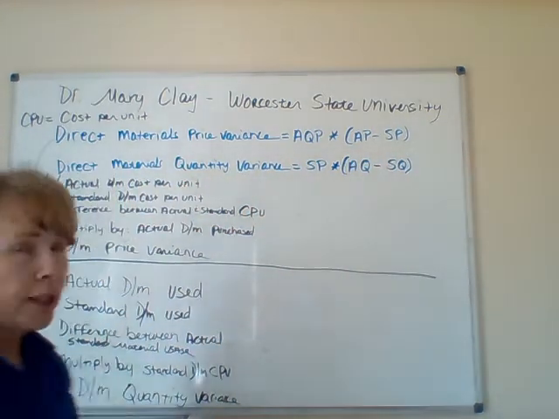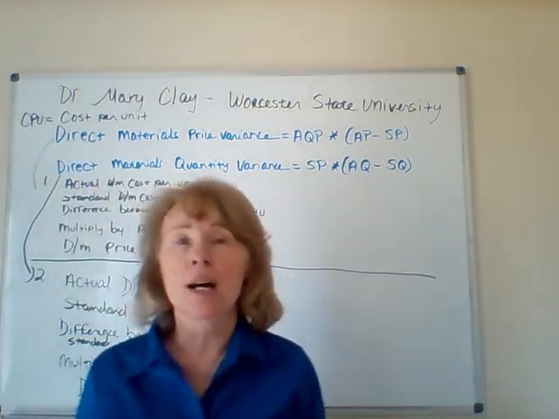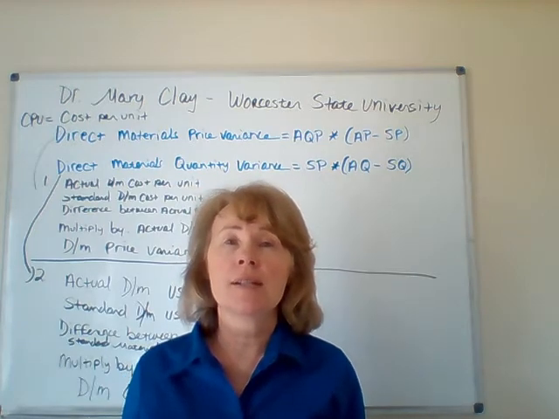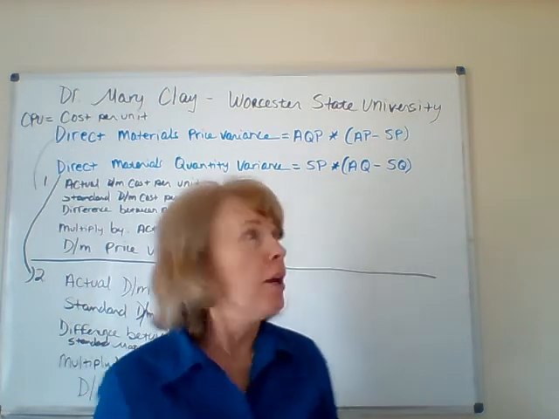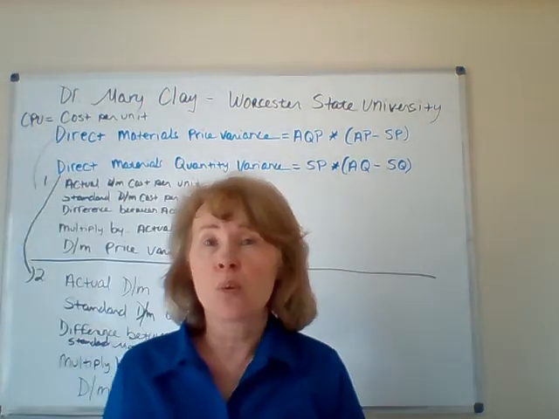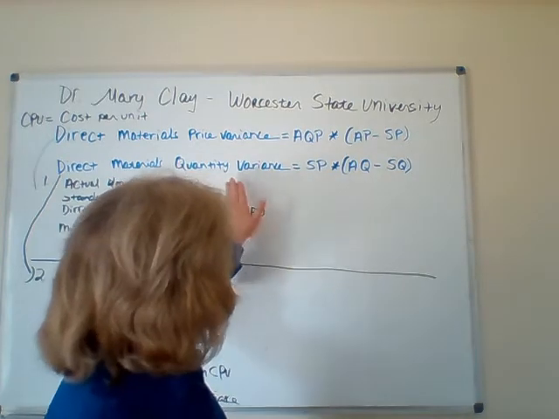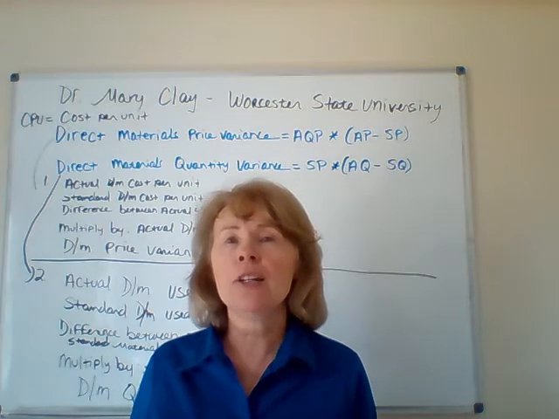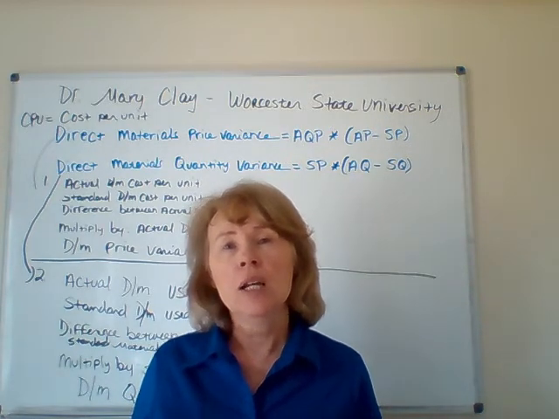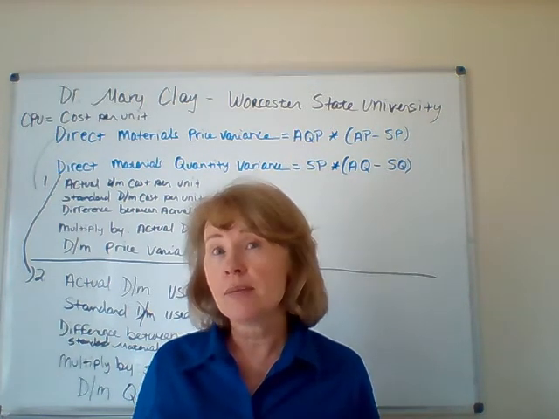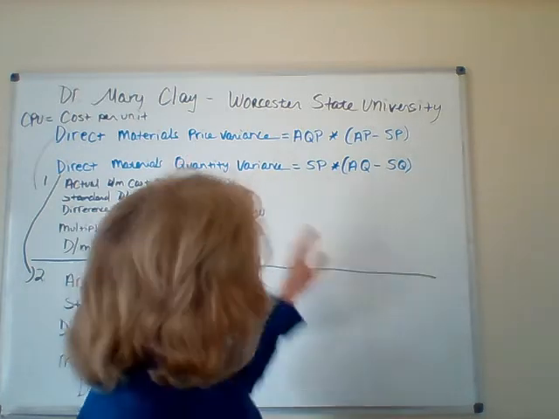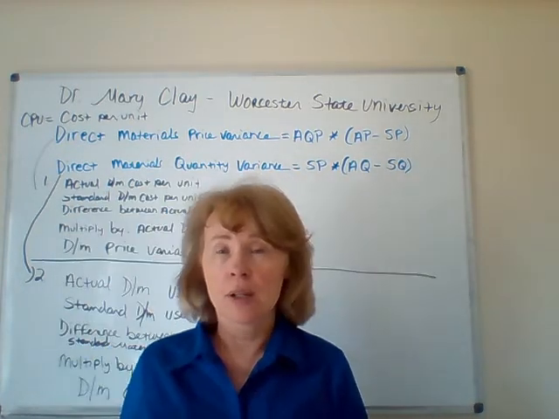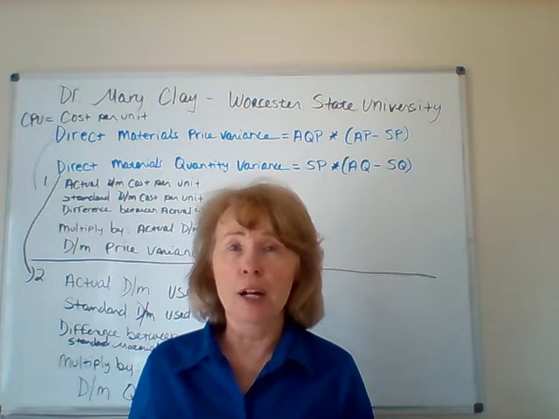By the time you're done, you will have to decipher whether the price variance was favorable or unfavorable, and whether the quantity variance was favorable or unfavorable. Managers want to decipher if their price variance was favorable or unfavorable.